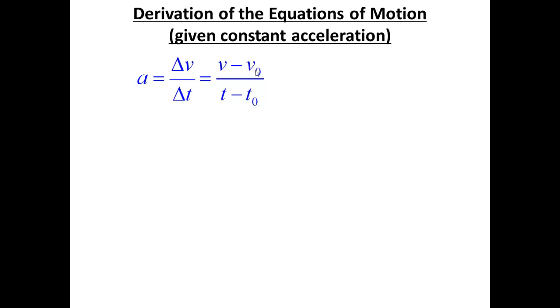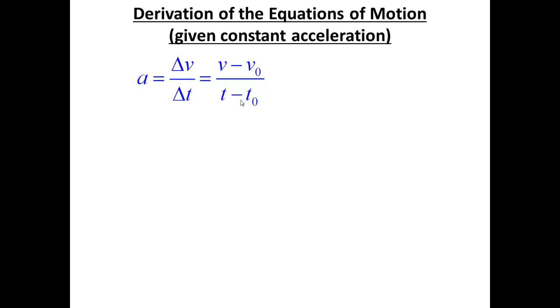This is sometimes referred to as v initial, or more commonly v naught. N-A-U-G-H-T. Naught is just an archaic term for zero. So this is v sub 0 or v naught, and it just means the initial velocity. So your change in velocity is just whatever your current velocity is minus where you started.